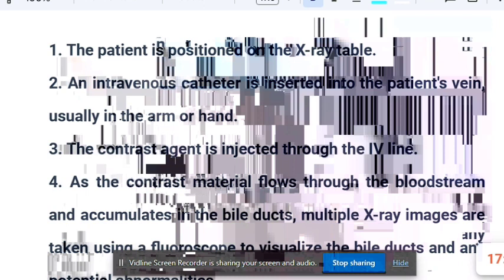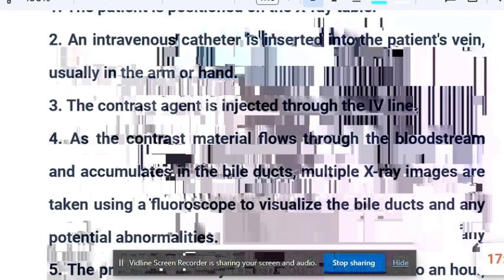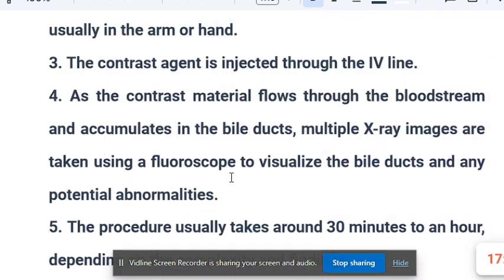The contrast agent or contrast medium flows through the bloodstream and accumulates in the bile duct. Multiple X-ray images are taken using fluoroscope to visualize the bile duct and any potential abnormality, which can be easily seen in the fluoroscopy. The procedure usually takes around 30 minutes to an hour depending on the complexity of the finding.